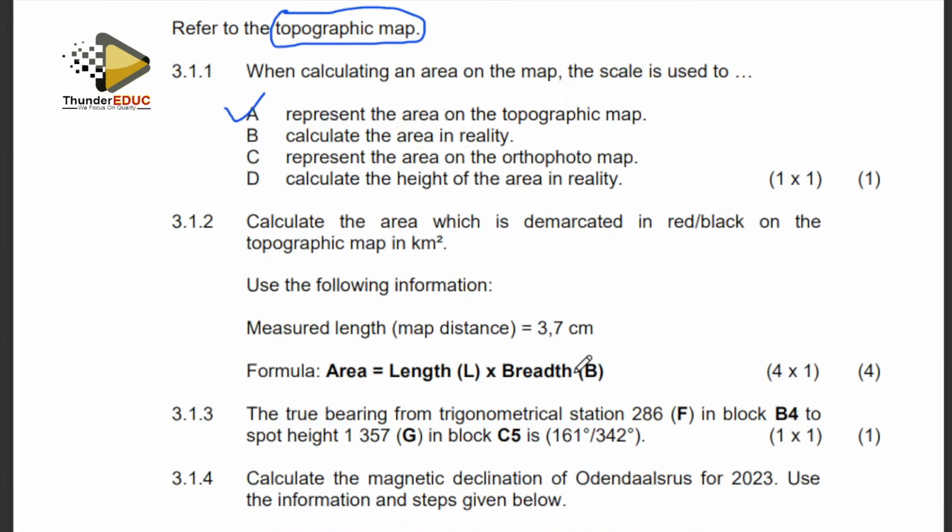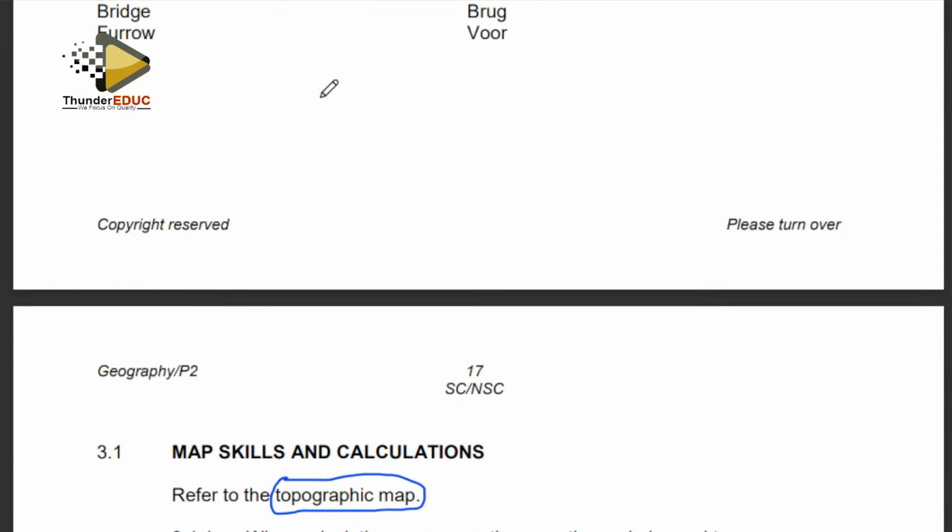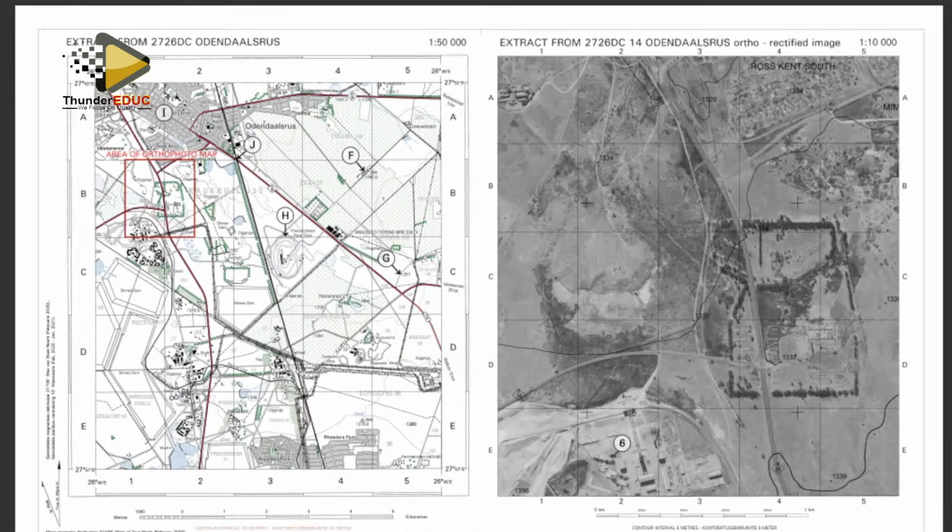So the length is there. What do we need to look for? We need to look for the breadth. On calculating this area, we shall get the breadth. Let's see. From here to here, they said 3.5.